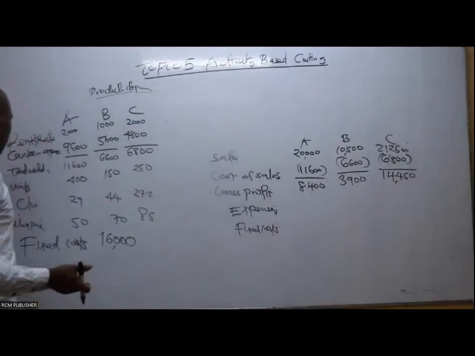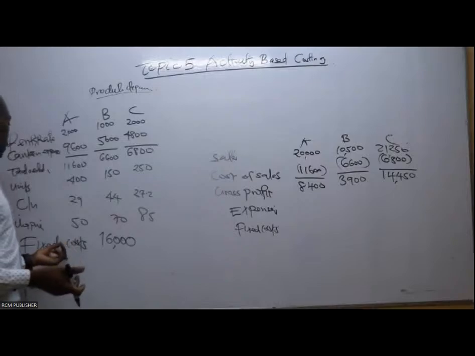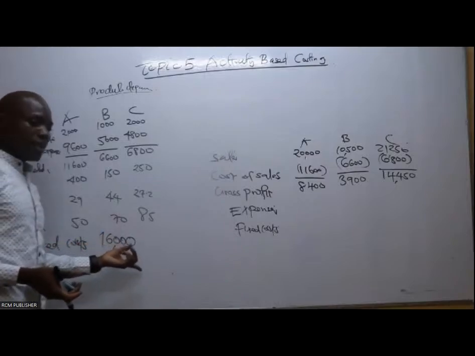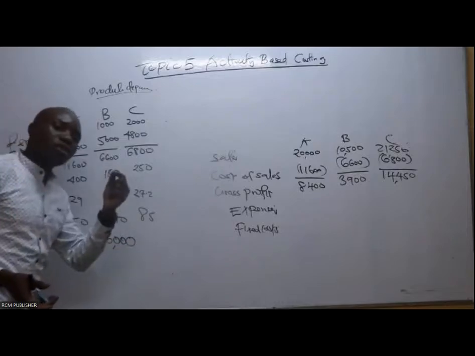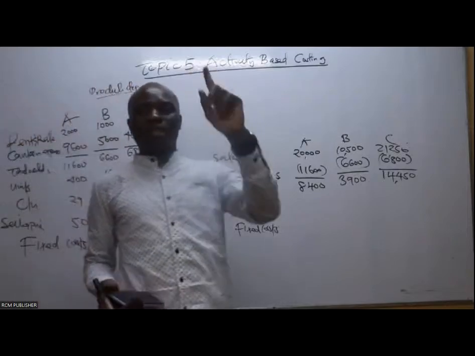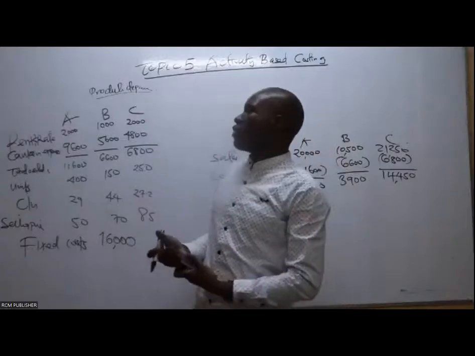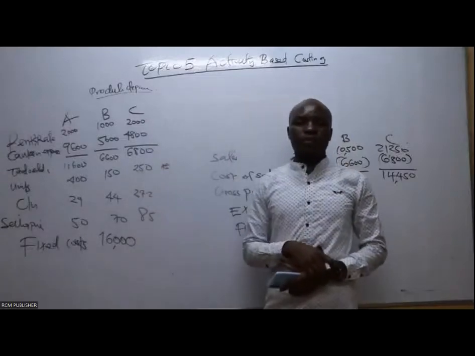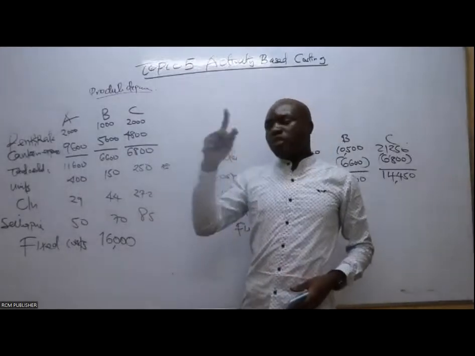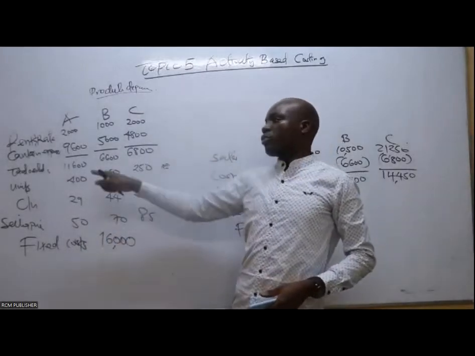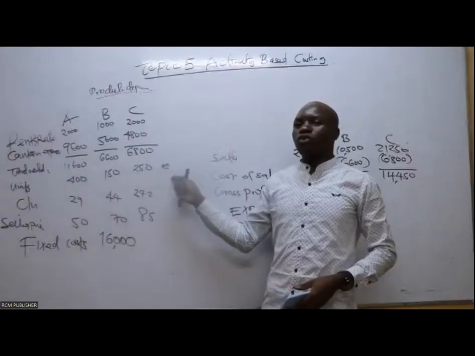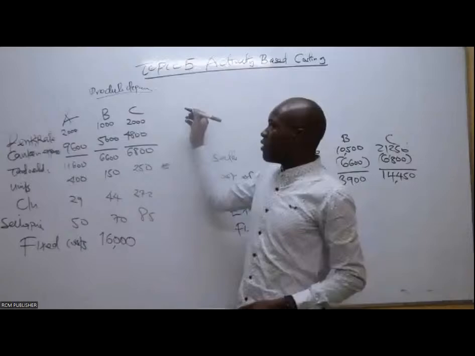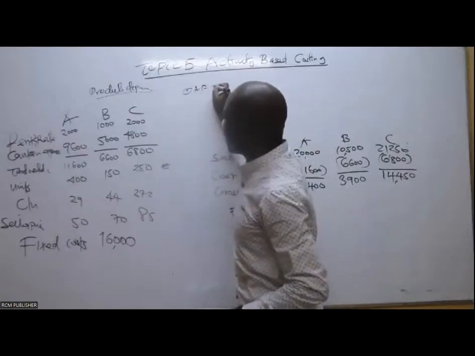We are being told the fixed overhead cost of the company was given as 16,000, which is supposed to be distributed amongst the departments in the proportion of the units of output. So the first thing that you need to look for, remember your formula, overhead absorption rate will guide you.